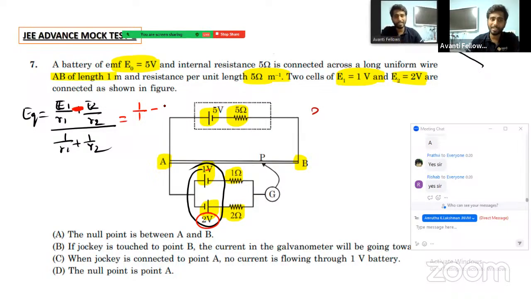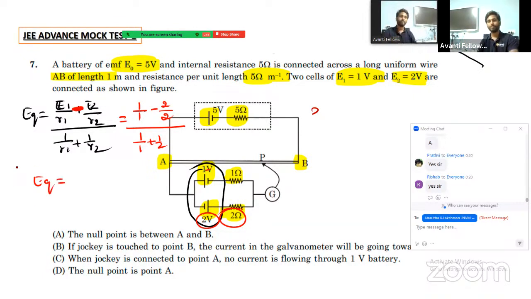So I will write here 2 by 2, divided by, it will remain the same, 1 by 1 plus 1 by 2. Look at the numerator. Numerator में 1 by 1 is 1, 2 by 2 is 1. 1 minus 1 means 0. Hence, equivalent EMF कितना आ रहा है इधर? Equivalent EMF value will be 0 here.